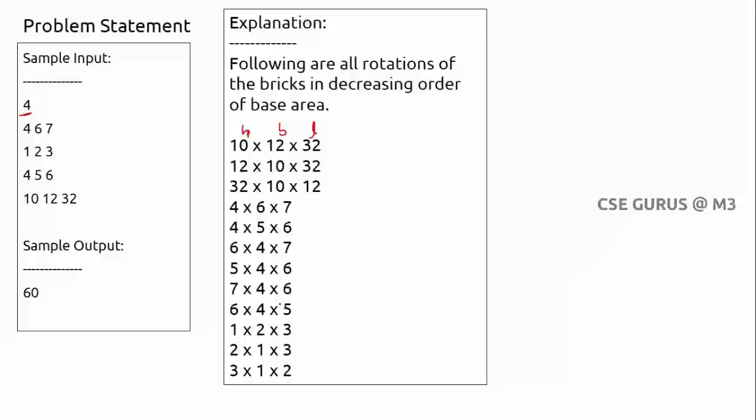Like this, first it has taken all of these in decreasing order of area. Anyway, this is not the final answer. Here you can see this is 384, this is 320, this is 120, this is 42, this is 30, this is 28. Everything is in decreasing, I mean non-increasing, order.